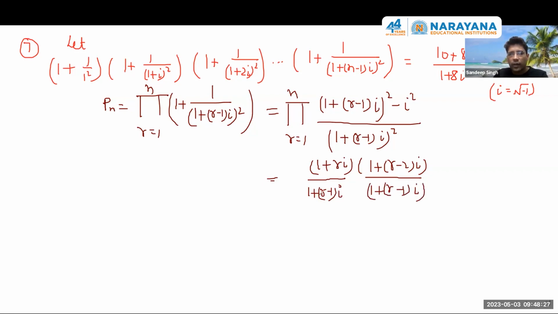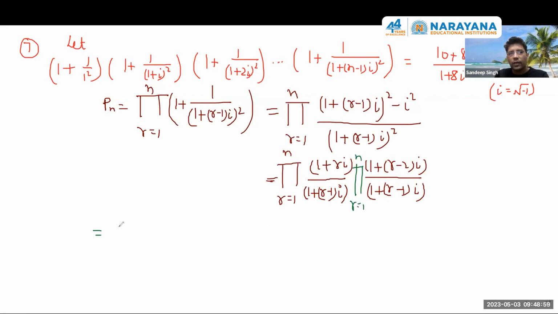and this is the product r from 1 to n. All right. So now you can observe the product gets distributed over the product of the terms. I can write this as the product of this multiplied by, I will keep the product sign here also, the product of this, r from 1 to n.